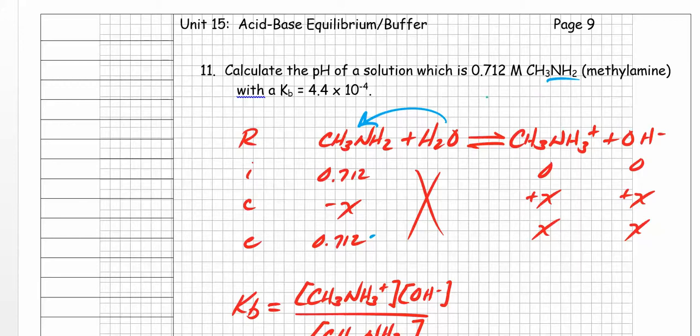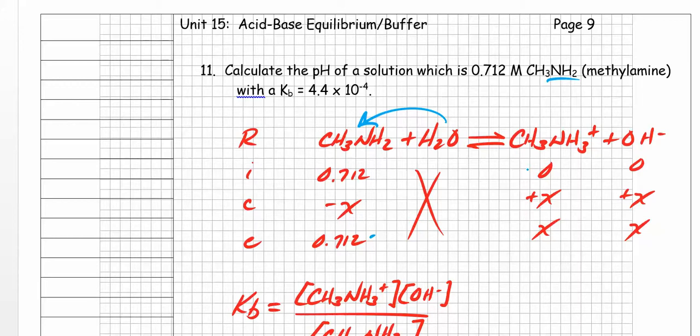So remember, we're starting with a 0.712 molar solution of the methylamine. We always start with something on the left and nothing on the right in the initial row, right? So we have 0 and 0 here. We're always going to shift right. We're always going to move to the right-hand side. Even though the equilibrium is going to be overall to the left, we're going to start with something on the left and move to the right.